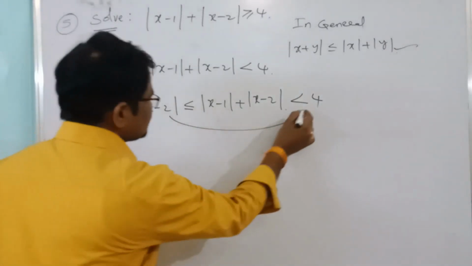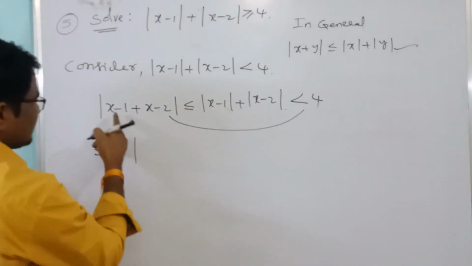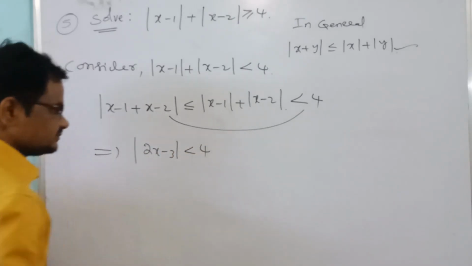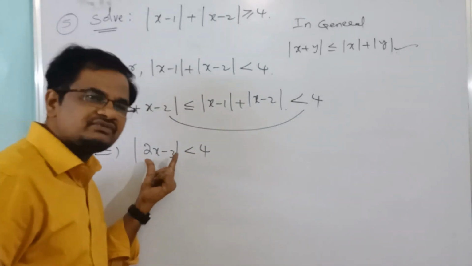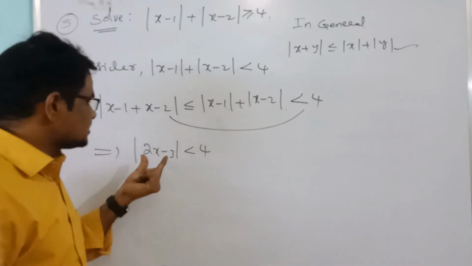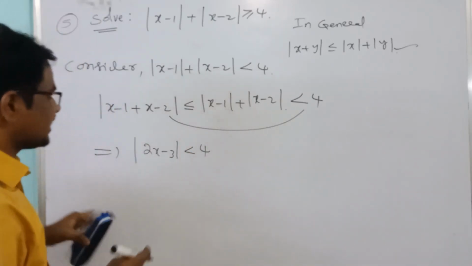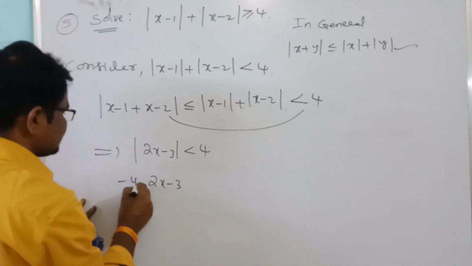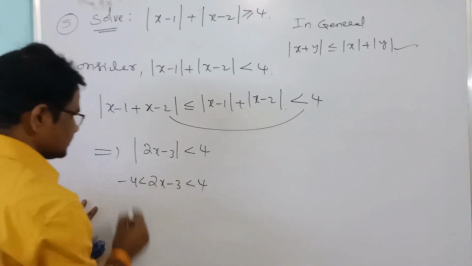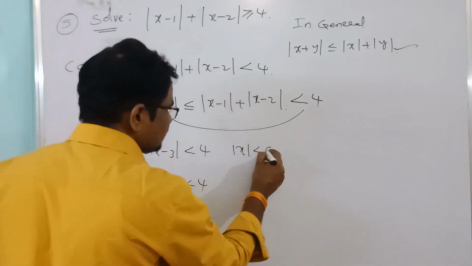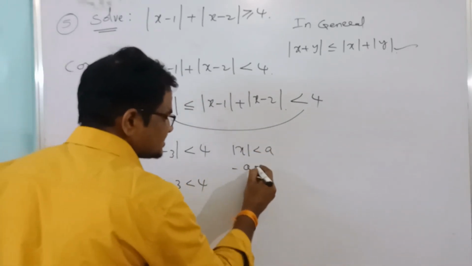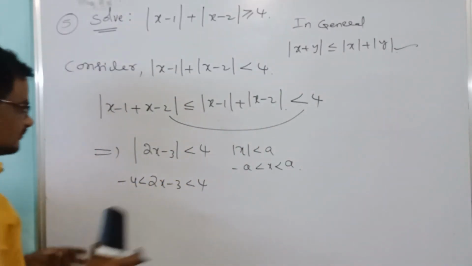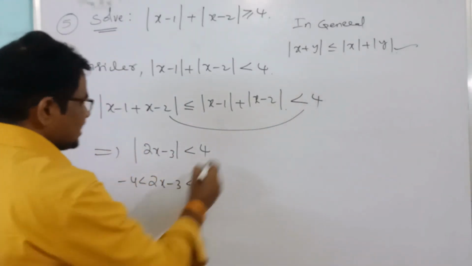Now compare these two. That implies |2x − 3| < 4. Now again it is in the form |x| < a, which can be written as −a < x < a. So −4 < 2x − 3 < 4.